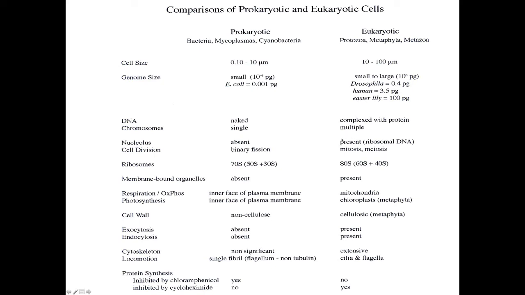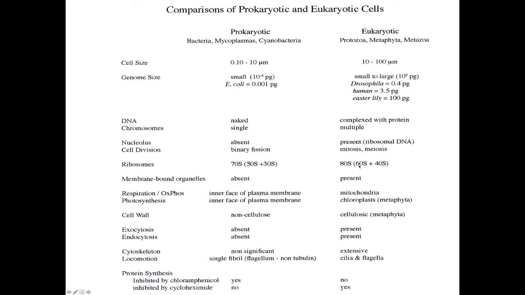Eukaryotic cells have nucleoli which contain the ribosomal DNA. Prokaryotic cells do not have nucleoli. They obviously do have ribosomal DNA sequences. Prokaryotic cells, as we said, divide by binary fission, eukaryotic cells divide by mitosis, and meiosis, the special form of division necessary for gamete production. Something you should recall from biochemistry: eukaryotic cells have larger and more complex ribosomes than prokaryotic cells.